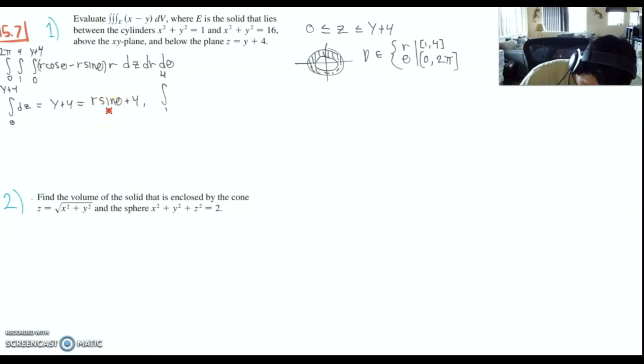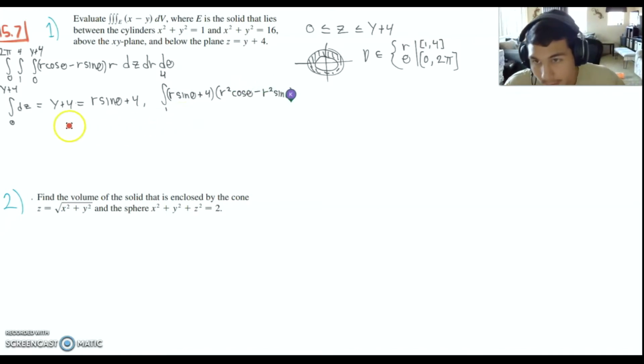So we'll have r sine theta plus 4 times r squared cosine theta minus r squared sine theta.